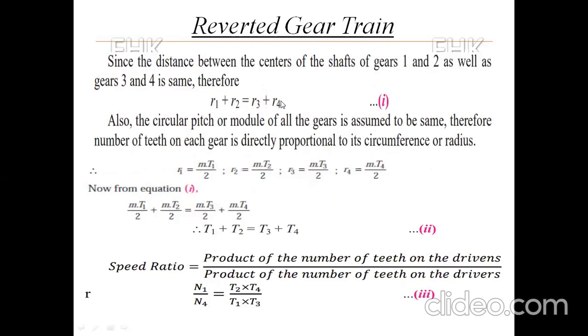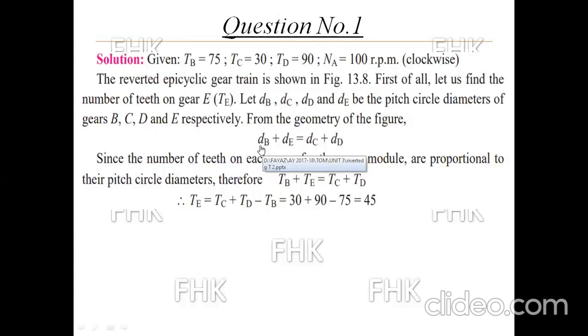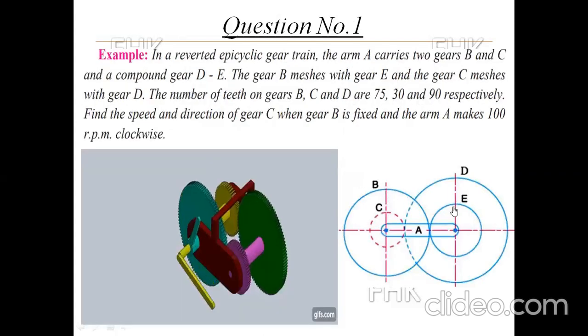The same statement is written here also. dB plus dE, since B meshes with E, so the radius of B, RB, plus RE is equal to RC plus RD.